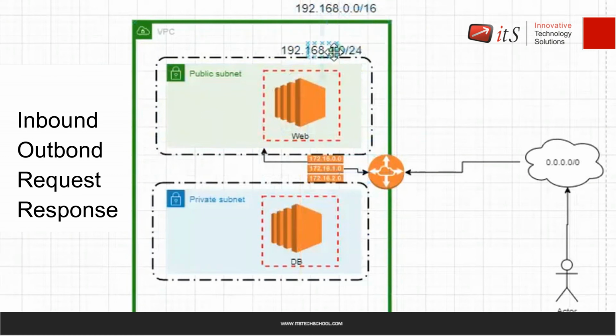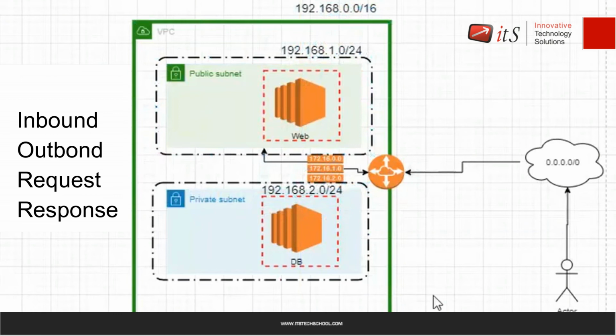So it will be 1.0/24, 2.0/24, 3.0/24, 4.0/24. So this is 1.0/24, and I can mention the second subnet as 2.0/24. So I divided my major network, 0.0/16, into two small networks: 1.0/24 and 2.0/24. So I have two networks with me right now.